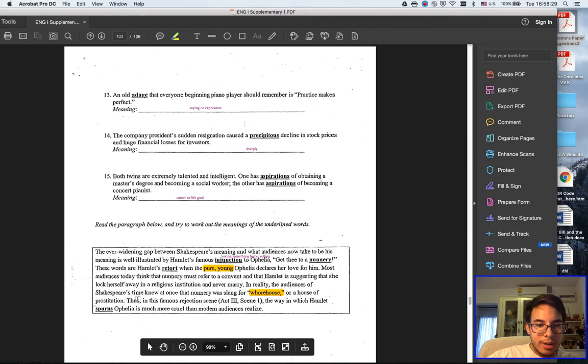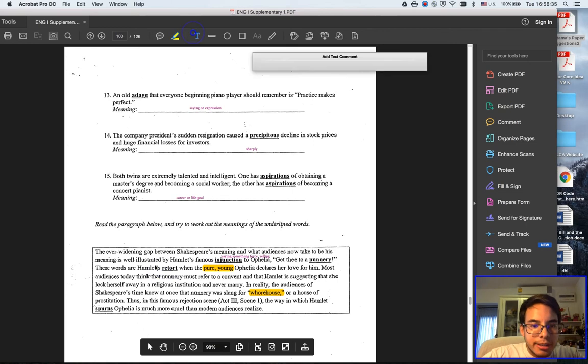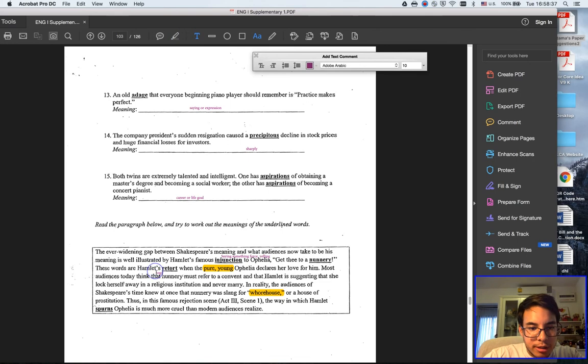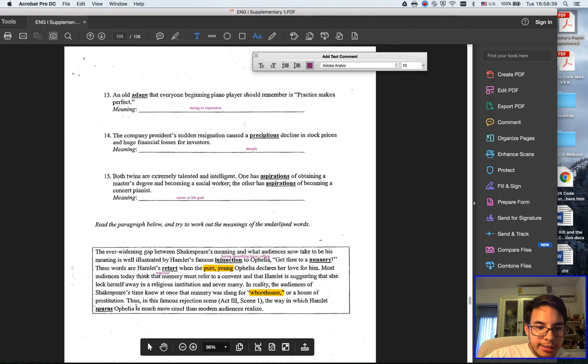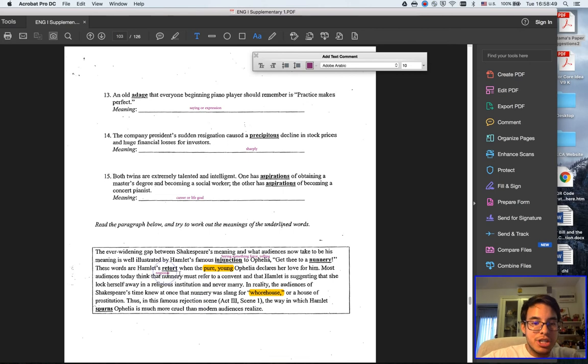Now, let's go ahead and read on. Thus, so what we'll say is response. Okay? And the next thing: thus, in this famous rejection scene, or it could be a rejection too. Notice there's a rejection, because he's basically rejecting her if he's saying that she should go to a whorehouse. So rejection response.